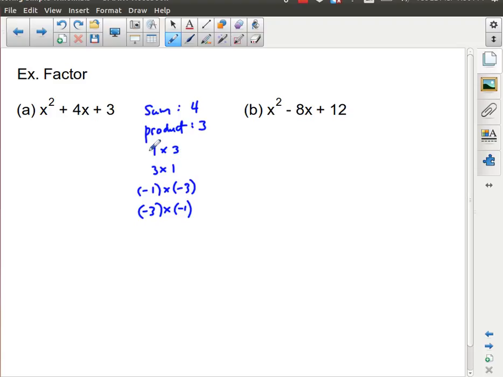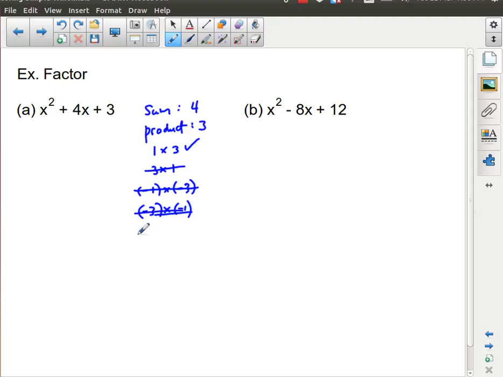So whether we pick 1 times 3 or 3 times 1 doesn't matter. Negative 1 and negative 3, when you add those together, that's negative 4. The fact that my sum is positive requires me to add up positive numbers. It doesn't make sense to have negatives, so these get eliminated.